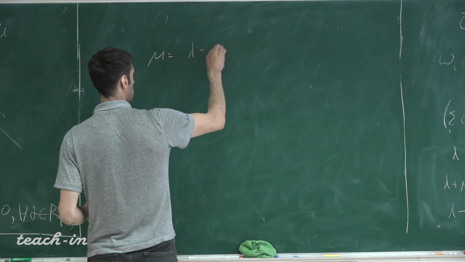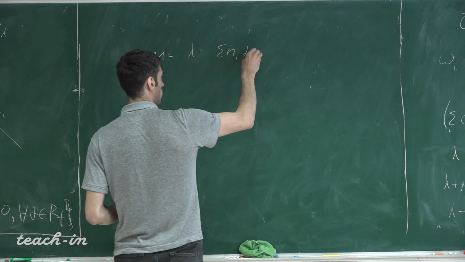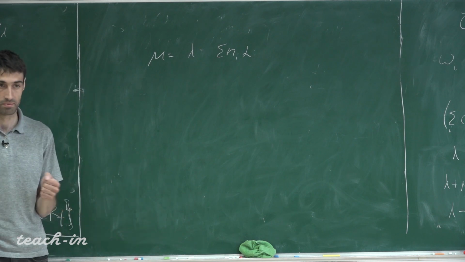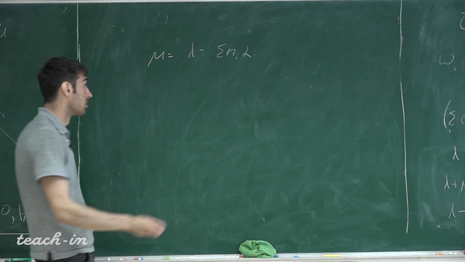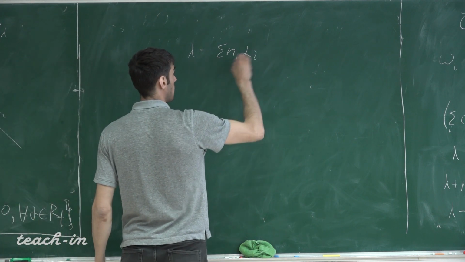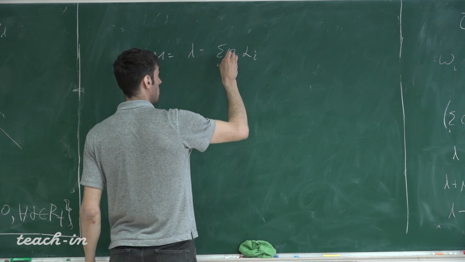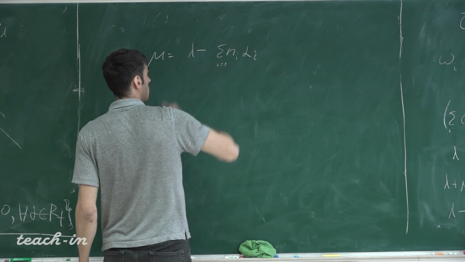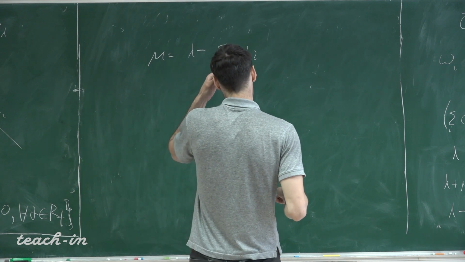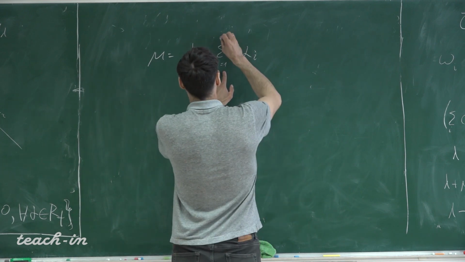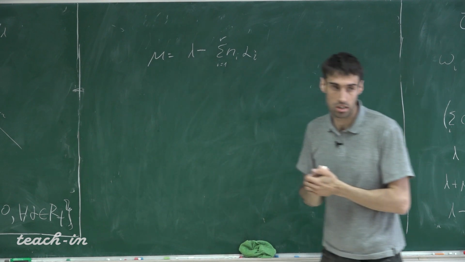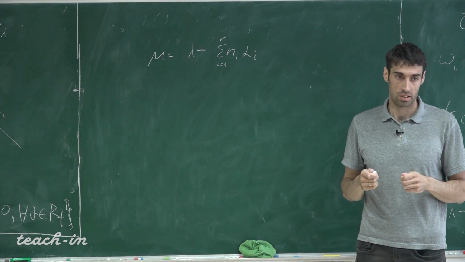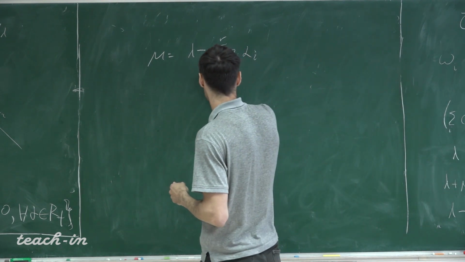It's lambda minus the sum of n_i alpha_i, where i is from 1 to r. Right? So we just take this sum here.